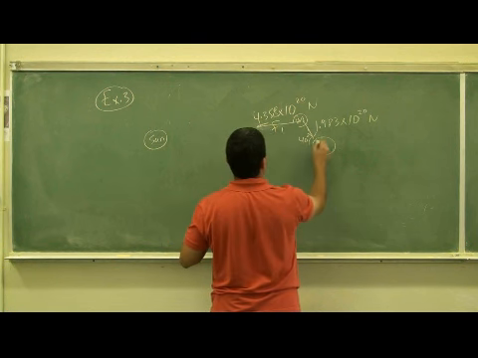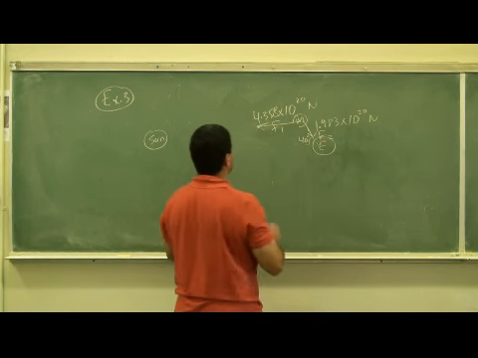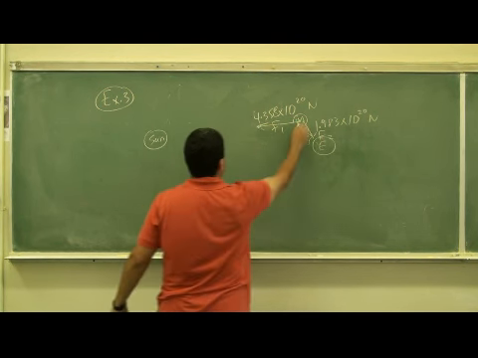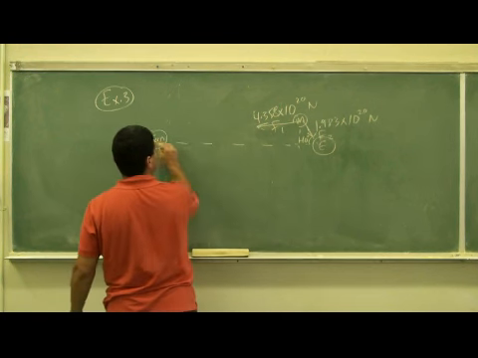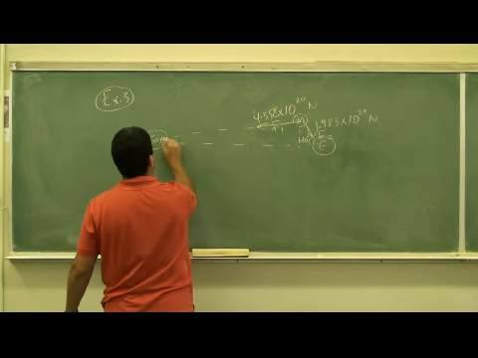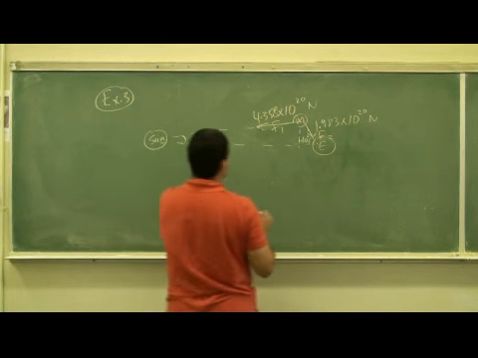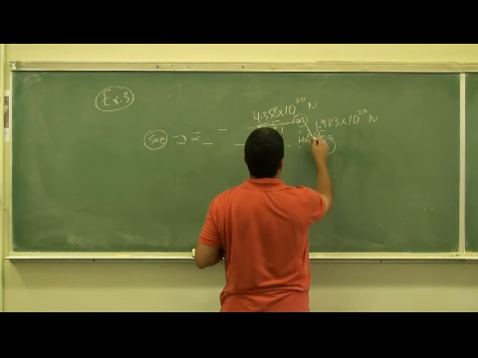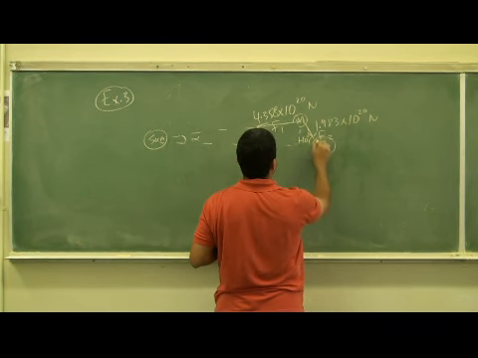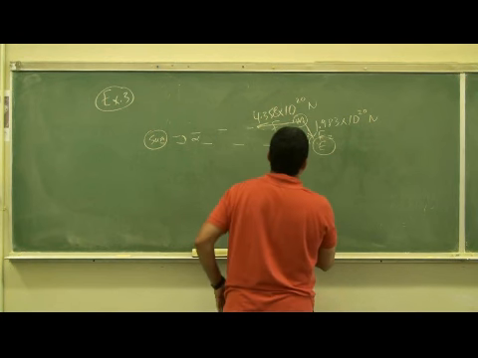So let's call this F1 and F2, and we'll call this angle alpha. And then we know this angle already, right? This angle is 40.